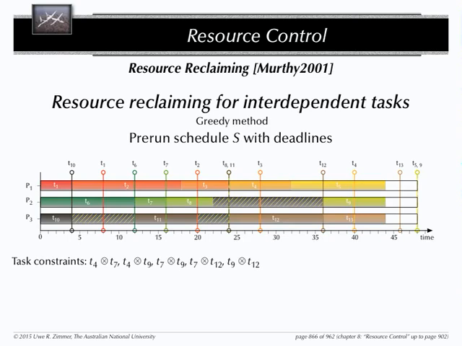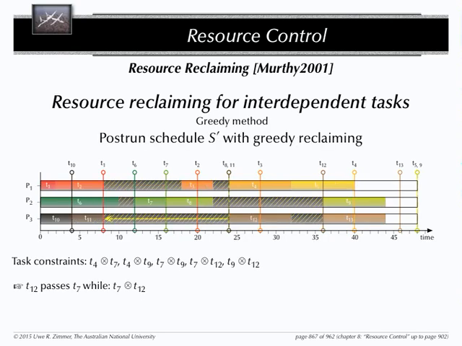So in my pre-run schedule, all of these exclusions are fine. Nothing bad is happening so far. And at this point in time, something nasty happens.